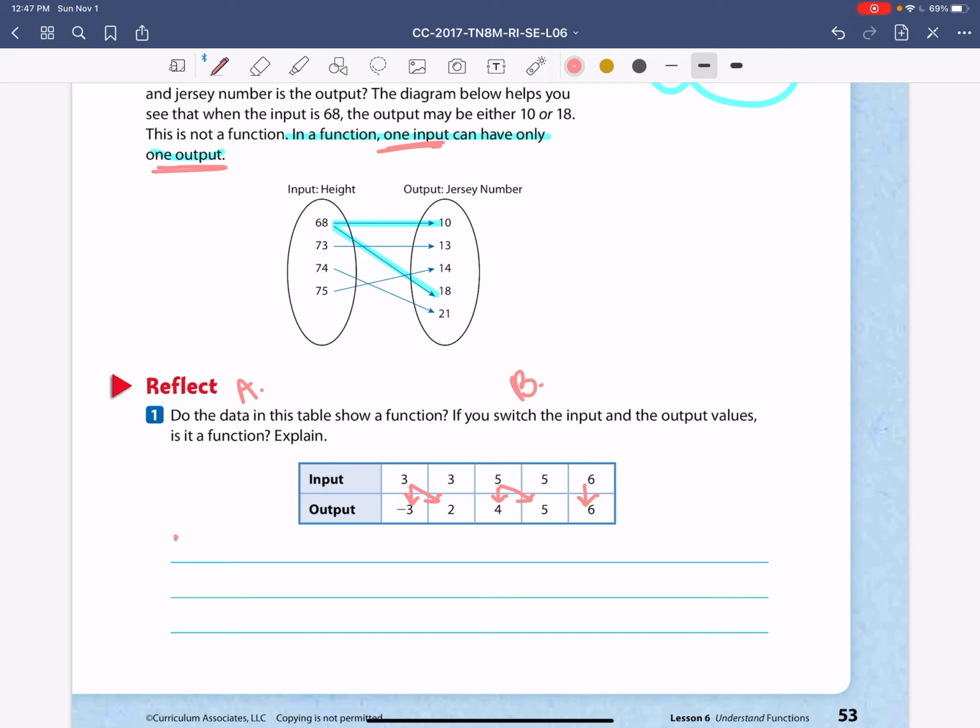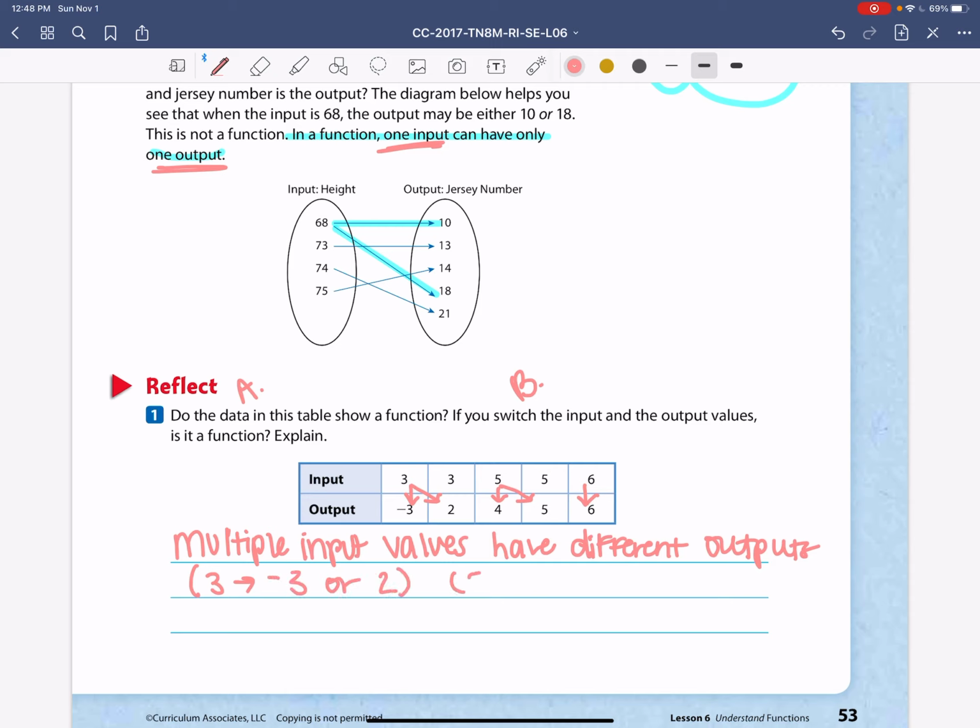We have multiple input values that have different outputs. So 3 could give you -3 or 2, and 5 could give you 4 or 5. So multiple outputs.